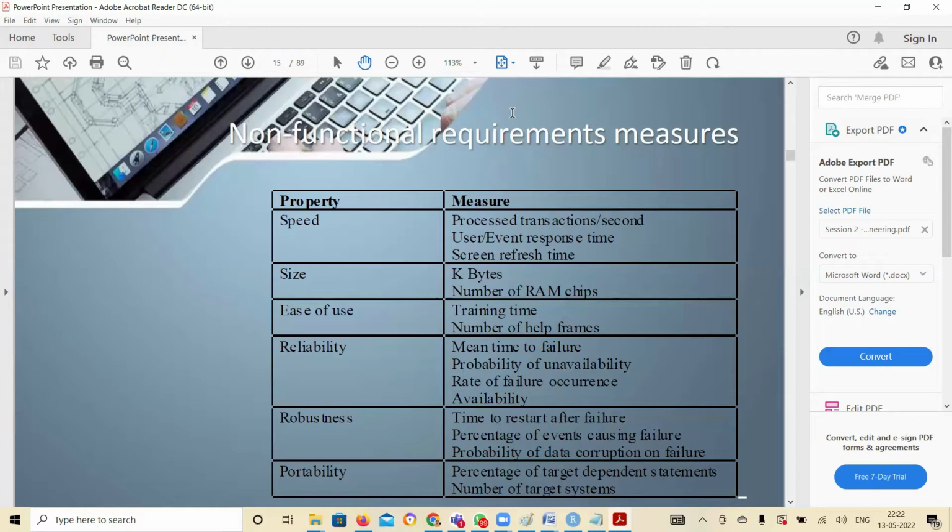Then you have portability. Percentage of target dependent statements, and number of target systems. How many target systems do you have on which your system will be implemented? So it's mostly about different types.